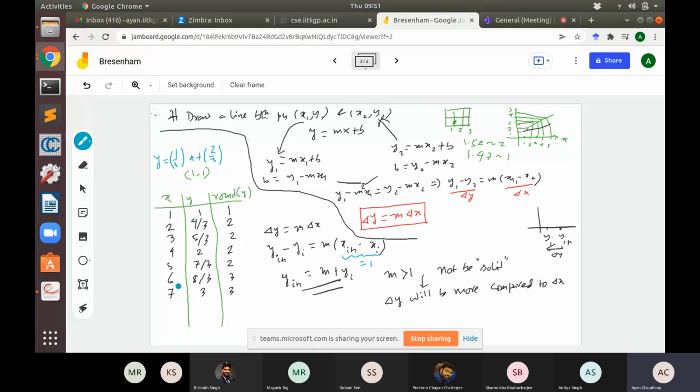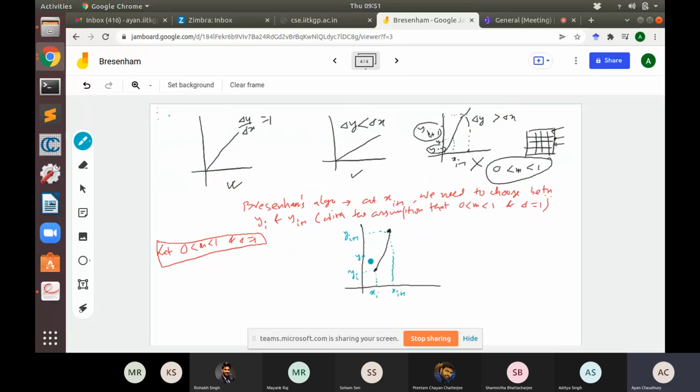X is incrementing sequentially, as 1, 2, 3, 4, in discrete intervals. We are getting some y values, and we don't know which y to choose, because these are my valid pixels yi and yi plus 1, and for each y we have to decide whether to choose yi or yi plus 1.